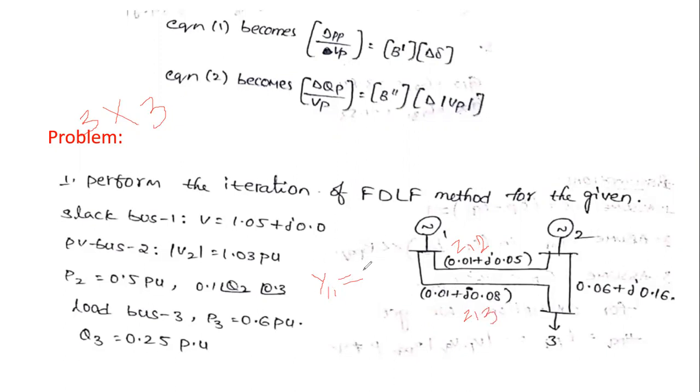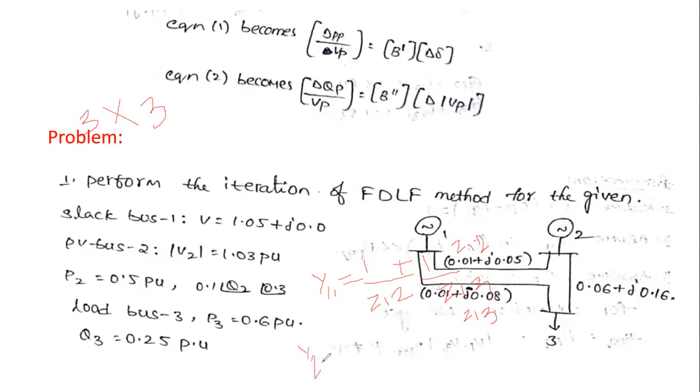Therefore, Y11 is equal to 1 by Z12 plus 1 by Z13. The elements connected to bus 1 are Z12 and Z13, that's why we calculate Y11 like this.